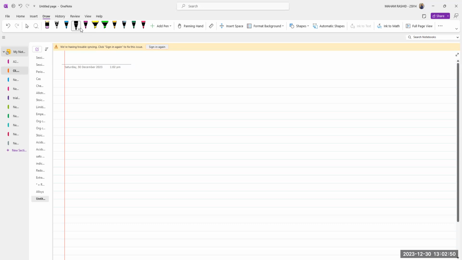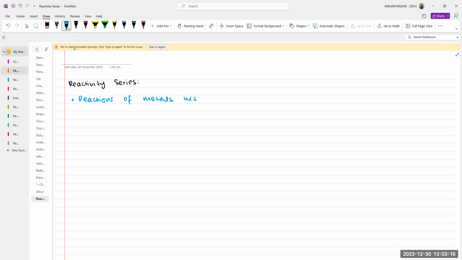Now we'll be doing the reactivity series. Now, in the reactivity series, we'll be discussing reactions of metals with cold water and steam.